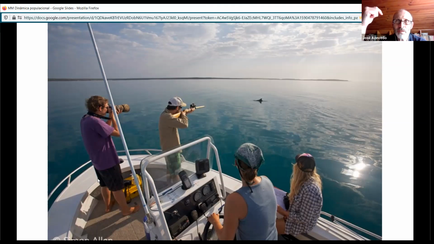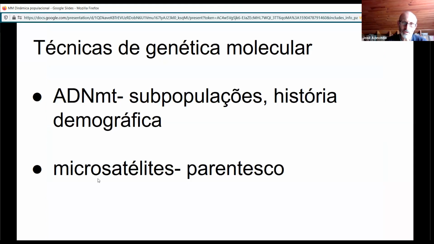They have a stopper that stops the dart from going too deep into the animal. So they just collect this little piece of blubber and it floats at the surface, and then people collect it, right? And from this you can get very important information for population dynamics.